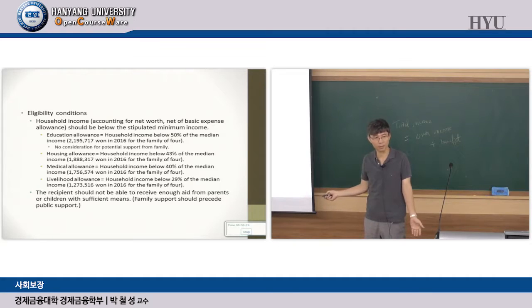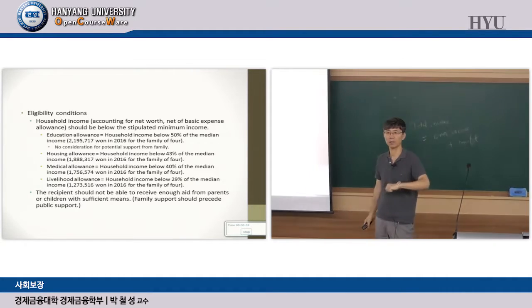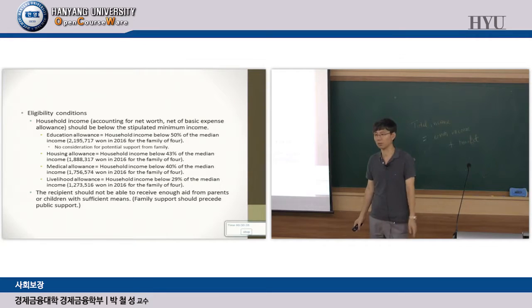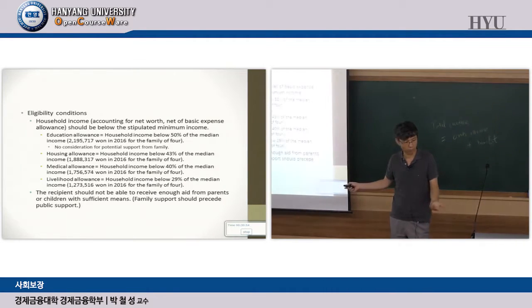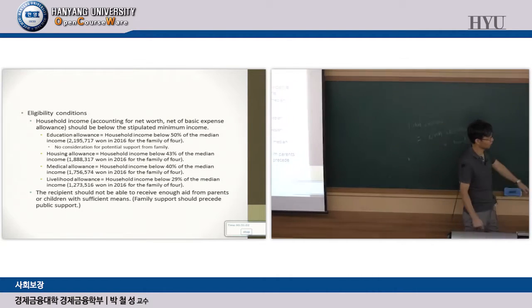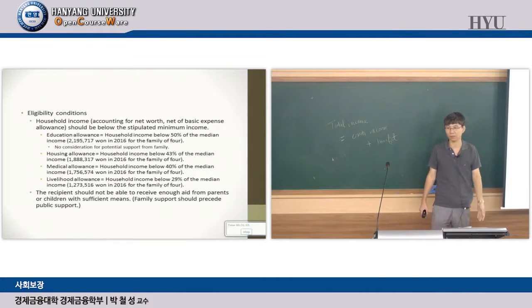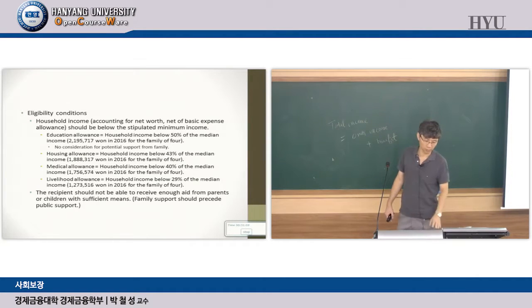But in some cases, it's possible that these rich children may refuse to give any money to their parents. Then the parents should actually prove that the children do not give any money to them. That kind of thing should happen to be eligible. If you look at the ministry website, for example, there is a way of calculating this, and when there is exclusion and those kinds of things.